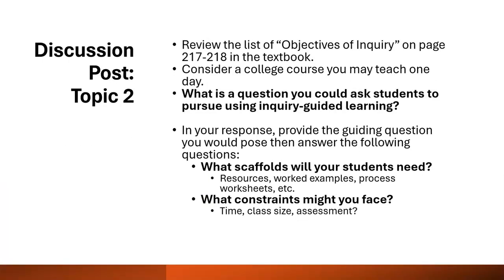So for your second discussion topic this week, I'd like you to review that list on those pages and be thinking about a college course you are designing to teach, or that you would want to teach one day. I want you to identify a question you would ask students to pursue using inquiry-guided learning. Obviously it's not going to be exactly like one in the book, but those should give you a sense of what you could ask students to pursue using this approach.